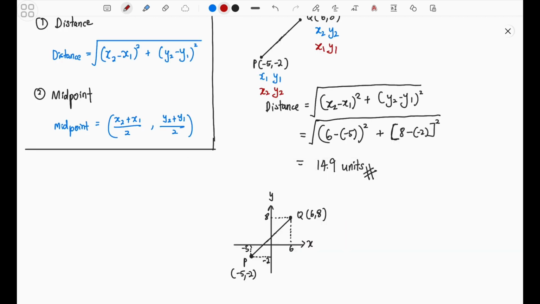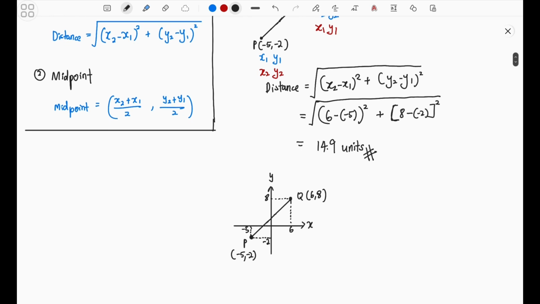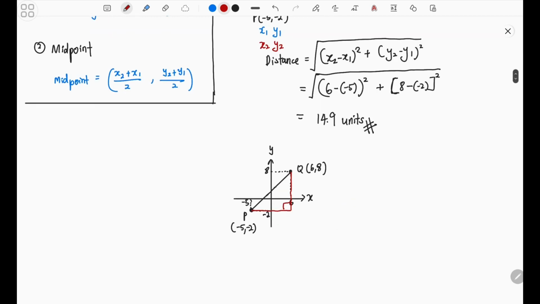Okay, I'll be using the same example, just that now I have drawn in the x and y axis. And to solve this question using the Pythagoras way, first I would draw a right angle triangle between the 2 points. Okay, and to solve for the base length, I would just have to take 6 minus negative 5, and that would give me 11. And to solve for the vertical length, I would take 8 minus negative 2, and that would give me 10.